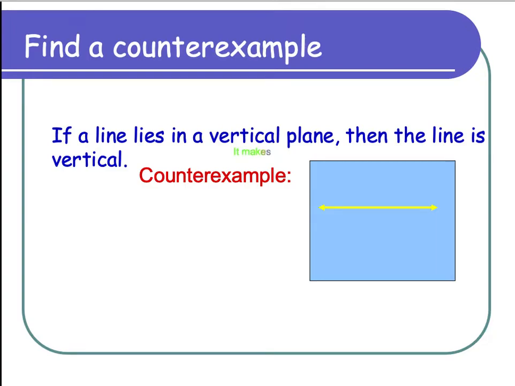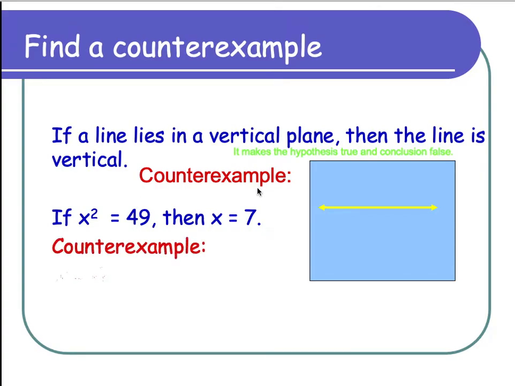It makes the hypothesis true and the conclusion false. A line lies in a vertical plane, then the line is vertical, and this is my counterexample. If I say, if x squared equals 49, then x equals 7, the counterexample is x equals negative 7.